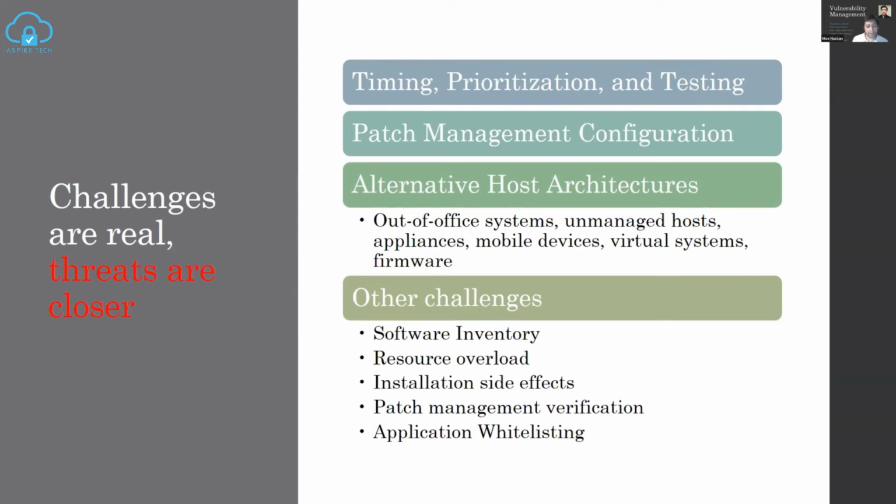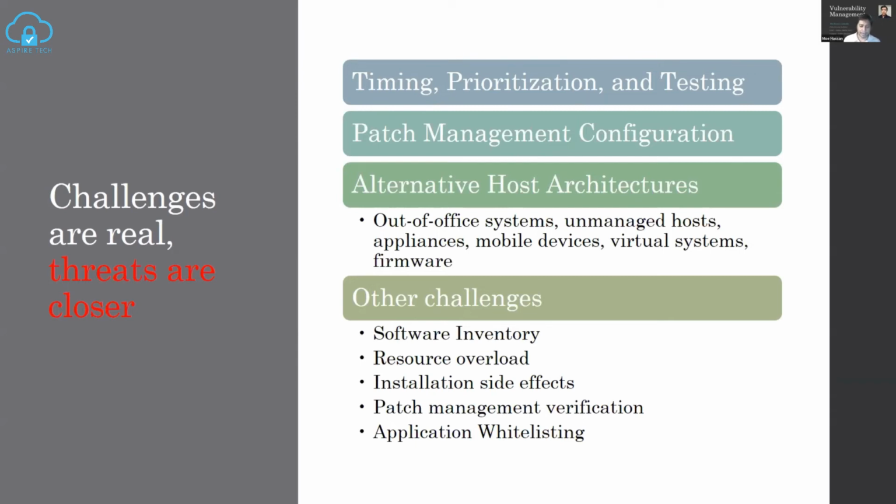Again, inventory is a big thing. Asset management is going to show up several times because it is that important. Resource overload, installation side effects, patch management verification, application whitelisting. Application whitelisting is a very good security control, because what it essentially does is take a snapshot of your system and freeze that.